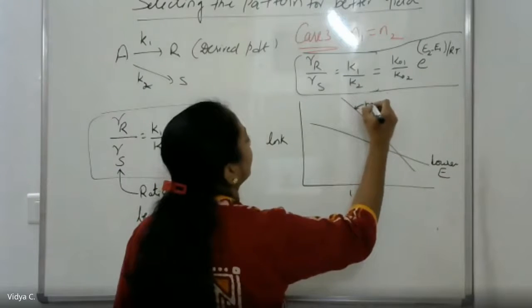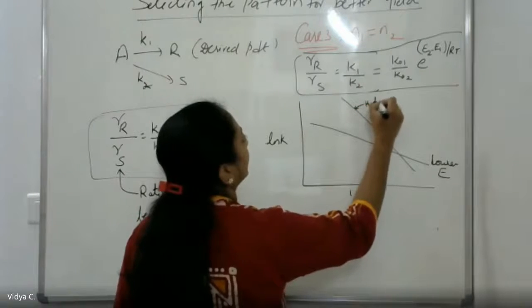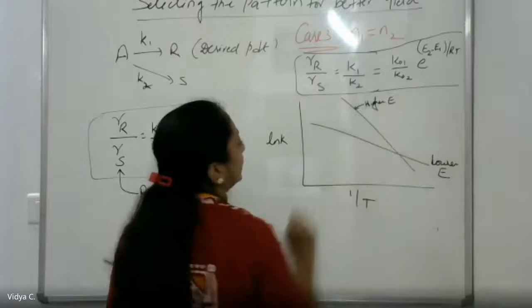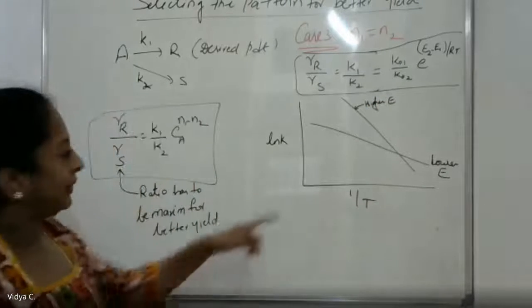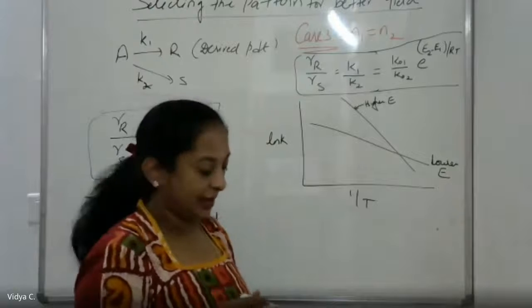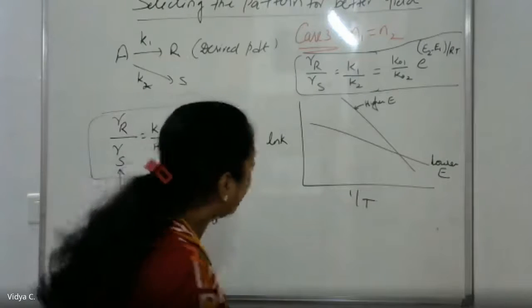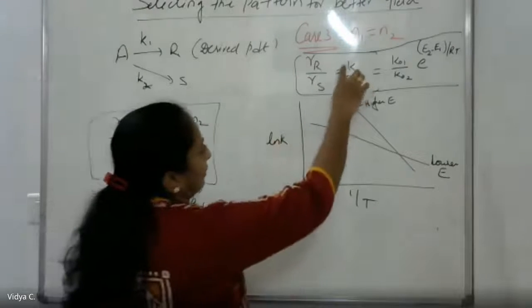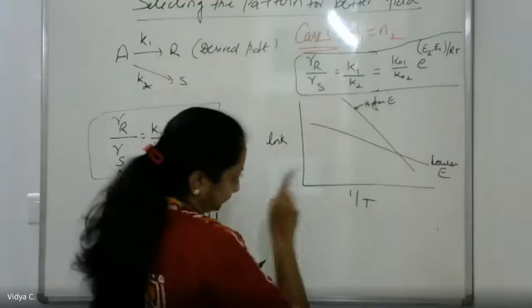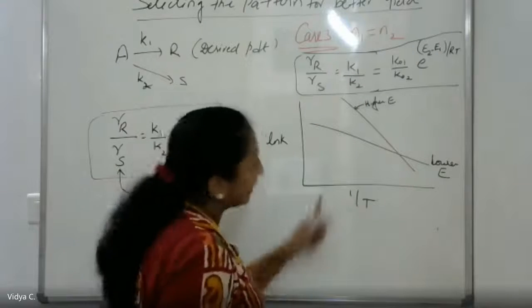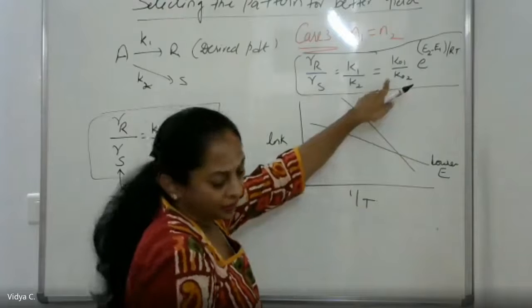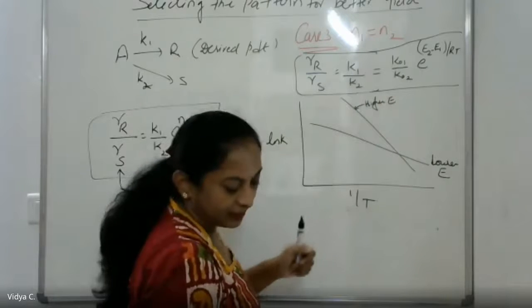So this is higher activation energy. These are the lines for lower activation energy and higher activation energy. Now this is what we are maintaining, right? K1 and K2. I don't want to go with the equations. I'll explain with the graph.